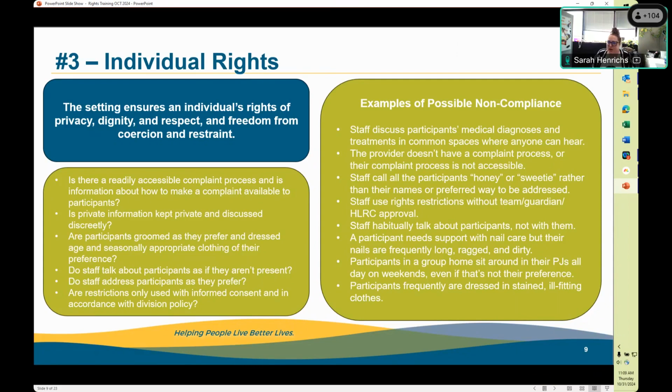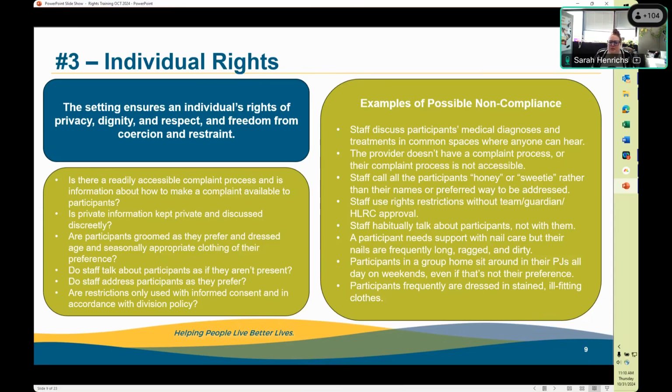That's the kind of thing that we're talking about here as far as supporting the participant to be up and ready for the day, to be neatly groomed in accordance with their preferences and those types of things. Or if the participant is frequently dressed in stained and ill-fitting clothes. Now, if that happens to be their preference, I think we would then maybe encourage them to explore different options in clothing.